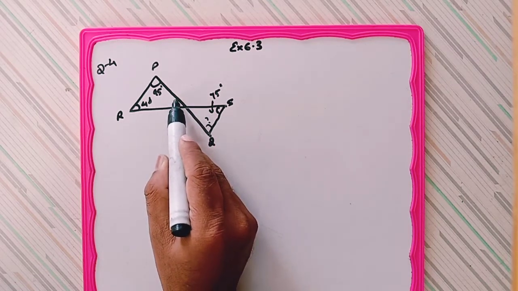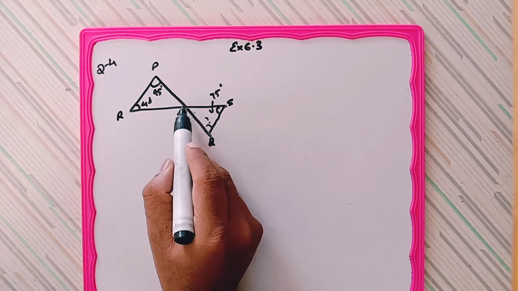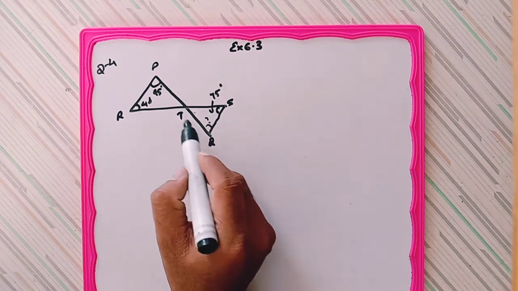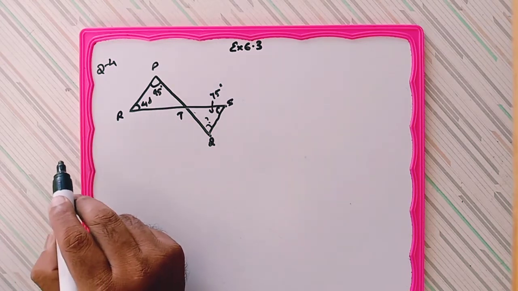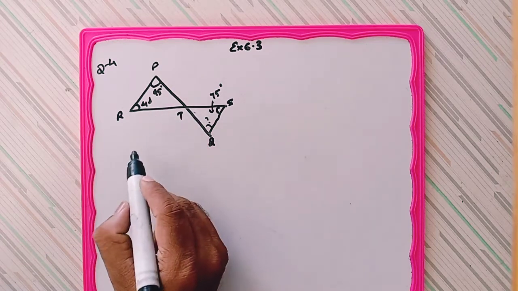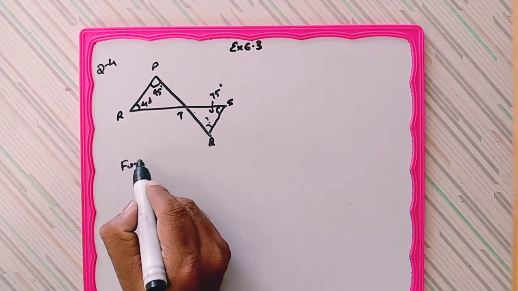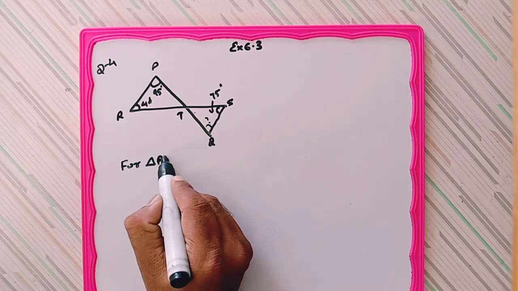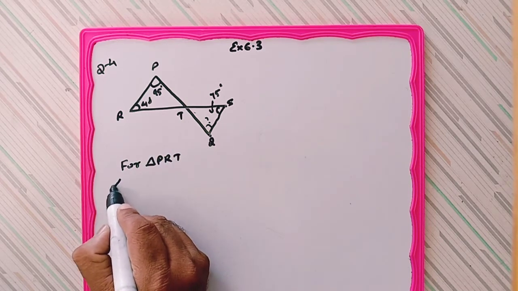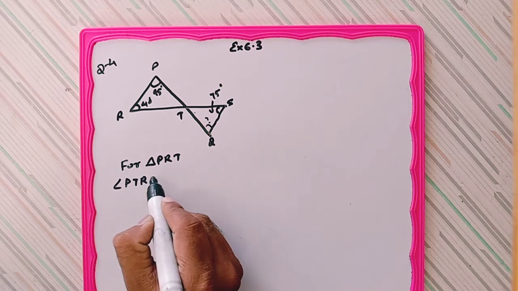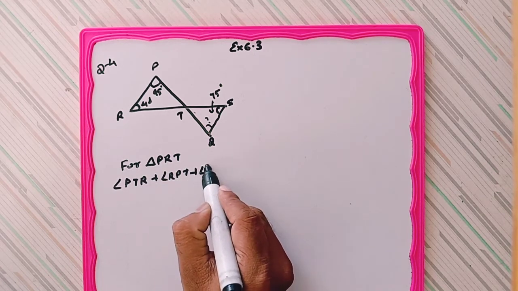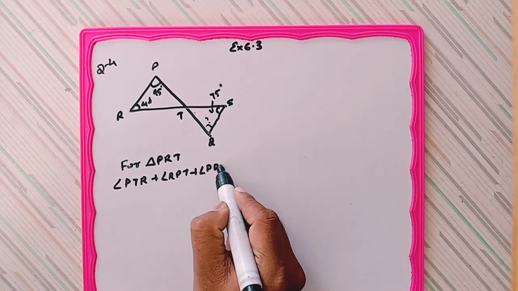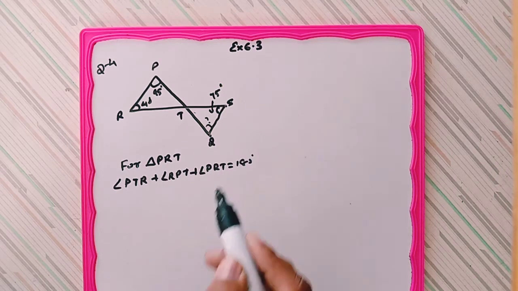For that, angles PTR and STQ are vertically opposite angles. So if we get PTR, then we can get STQ. For triangle PRT, angle PTR plus angle RPT plus angle PRT equals 180.